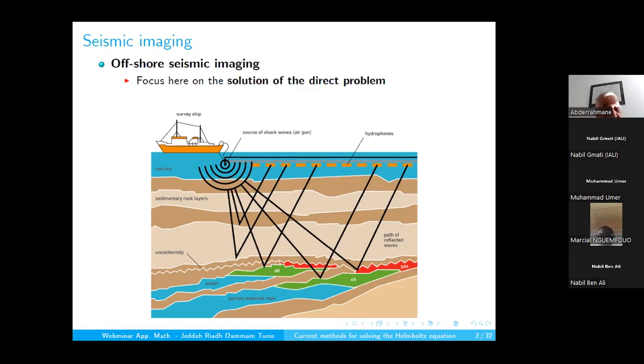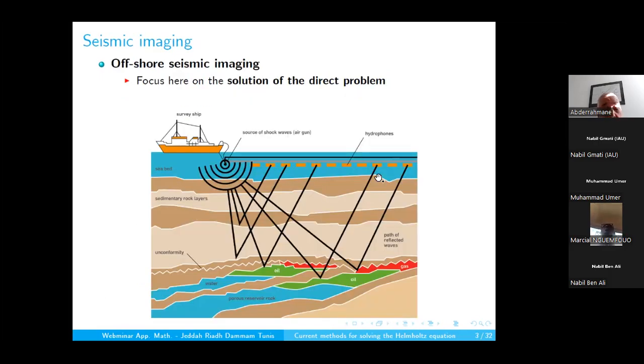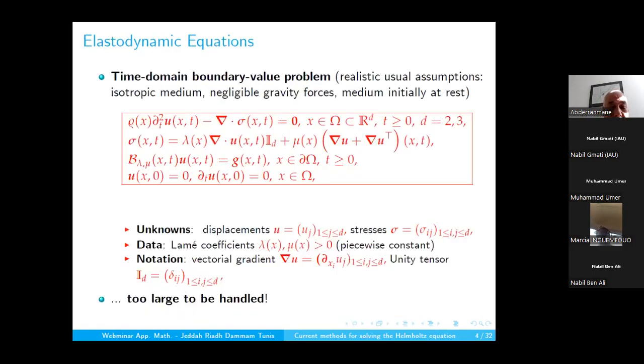And by adjusting the synthetic seismogram with the actual seismogram, you try to reconstitute the configuration of the subsoil. And a main step hence is to have a synthetic seismogram.